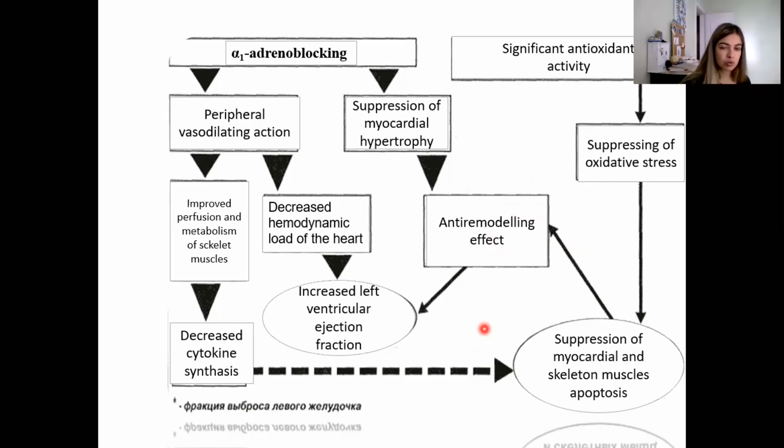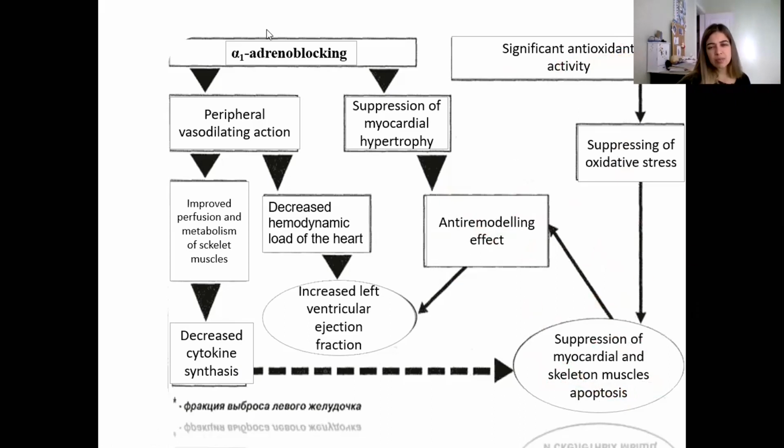Of course, we don't want that, because the function will be reduced if we have some connective tissue in the heart. And also these drugs have significant antioxidant activity, which suppresses the oxidative stress of the cells, and this all suppresses the myocardial and skeletal muscle apoptosis. So the cells will not die.